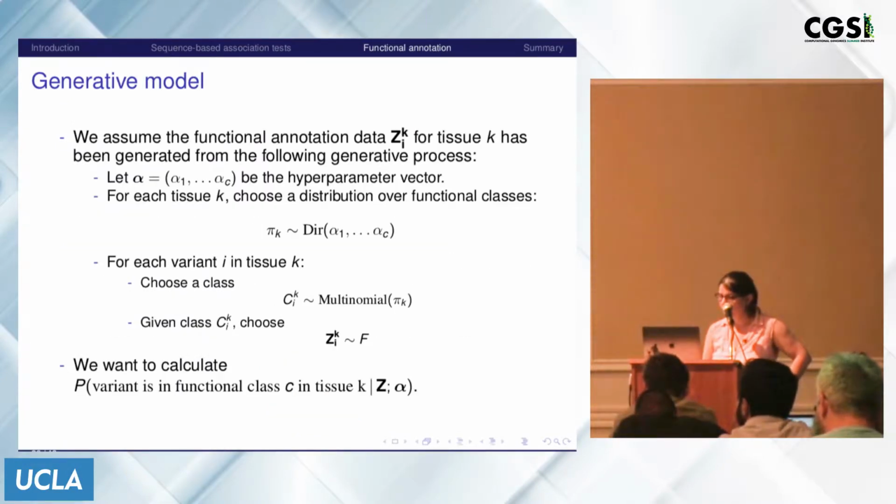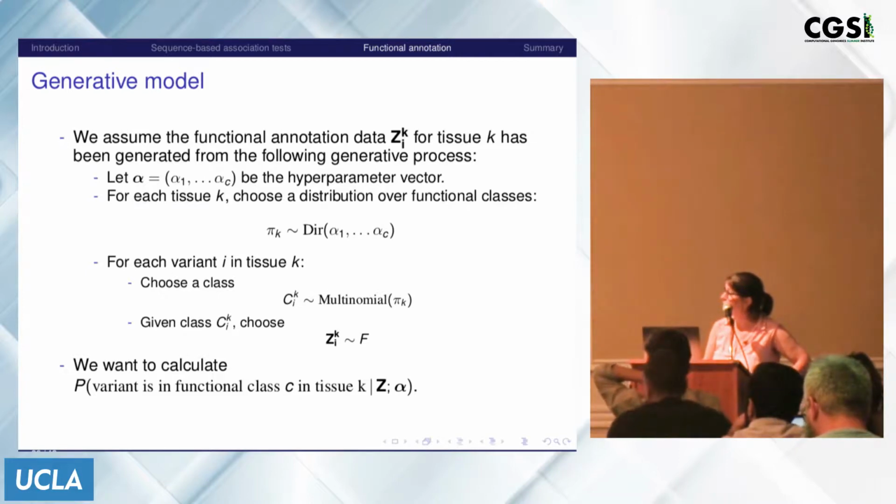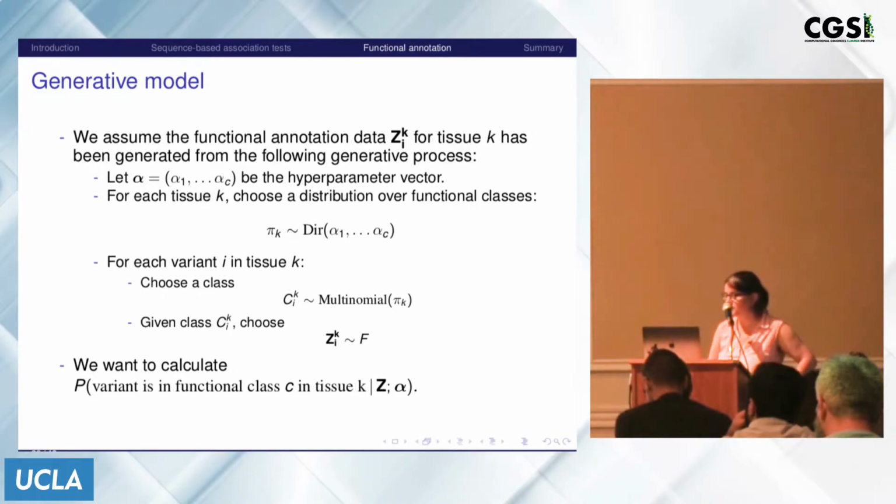So basically, in more detail, we assume that the functional annotation data for tissue K has been generated from the following generative process. We let alpha be the hyperparameter vector. Then for each tissue K, we choose a distribution over functional classes, pi K, from this Dirichlet distribution. Then for each variant I in tissue K, we choose a class.